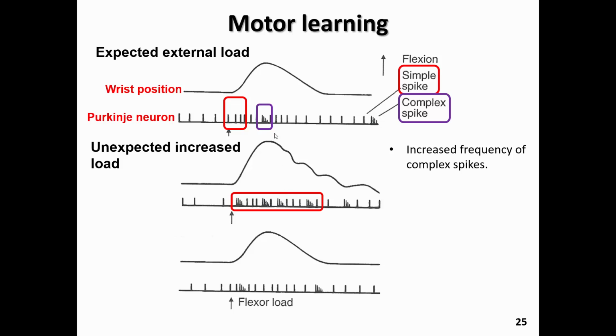So if we take a look at the motor action of wrist position, we see that there's a greater excursion of the wrist and a much more unsteady degree of returning the wrist to the original position when that load was increased unexpectedly.